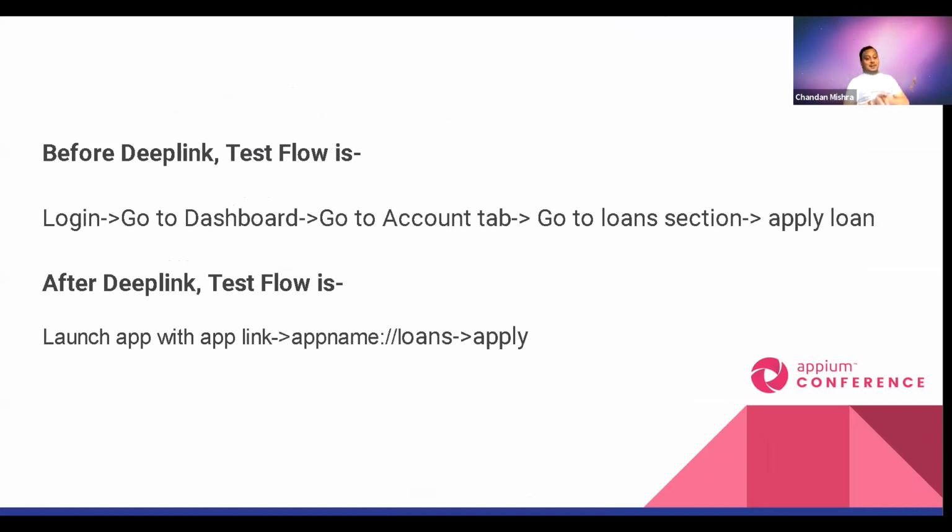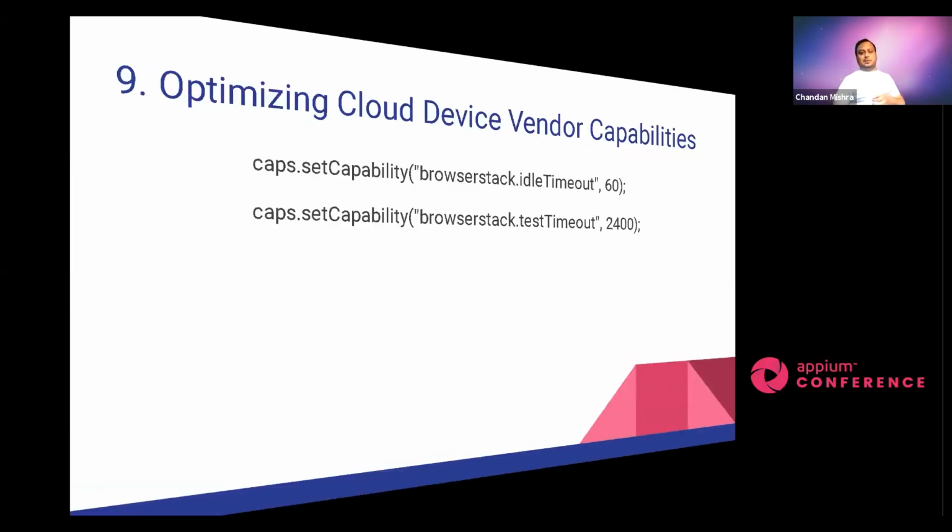But if you have deep links, then you can directly launch the app with the deep link, let's say app name slash loan apply, and you will directly go to that page. So you are saving around 5 to 7 minutes, which you are consuming in login, going to the dashboard and other stuff. So work with your developers, let them create a lot of deep links. Anyway, they do it for marketing. Just ask them that some of them you can create for the test automation team also.